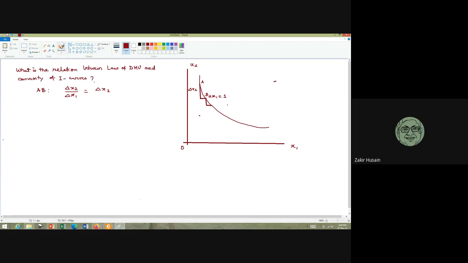But look at what has happened to del x2. So what I'm basically saying is, as I move from A to B and I move from B to C, my del x1 is equal to 1, whether I move from A to B or from B to C. But when I'm moving from A to B, look at del x2, which is larger.